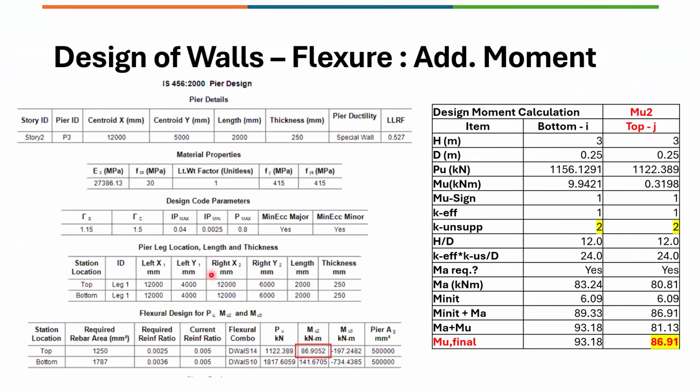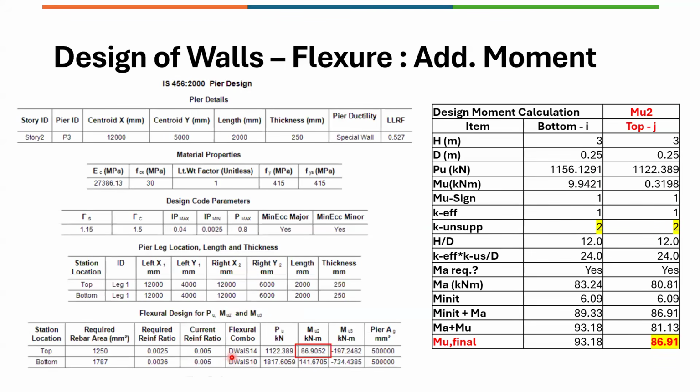So on the left is the output from that lower wall, but it is double story. It is the M2, which is the minor direction moment, 86.9, and it is computed involving the initial moments and the additional moment requirement. So importantly, you should note the K value used for this calculation from the axial and analysis moments from bottom and top for that wall.